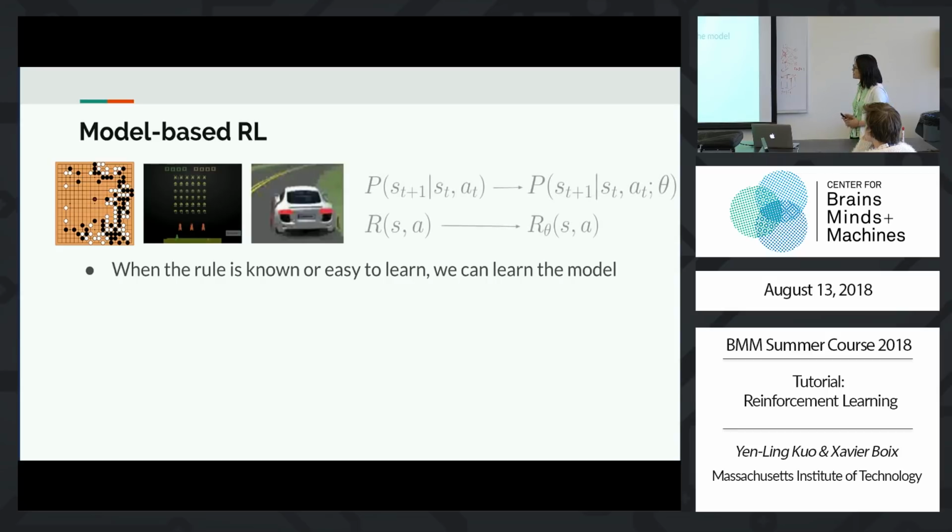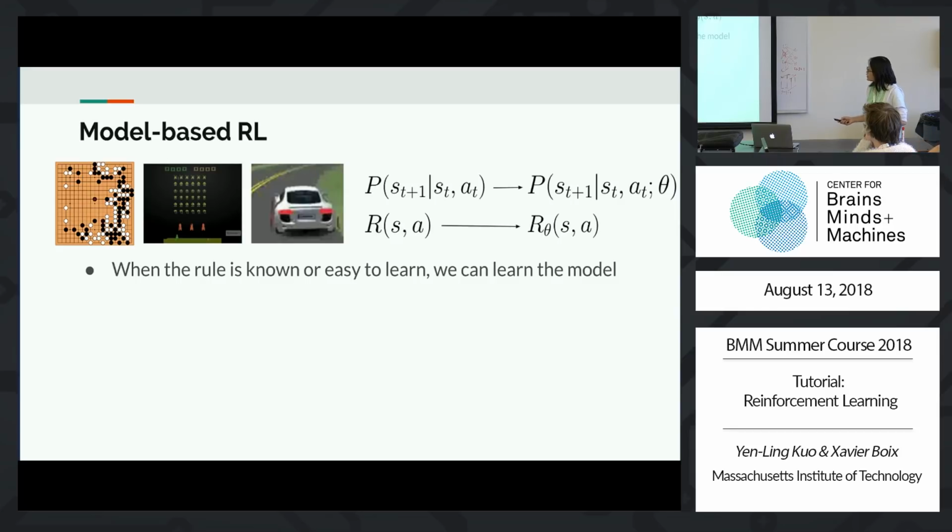Exactly what we want to learn is the transition from state to state, and what kind of reward we will get at each state. And of course, you can parameterize each of these with a function, with another parameter theta, so we can optimize using a neural network or other approximator.